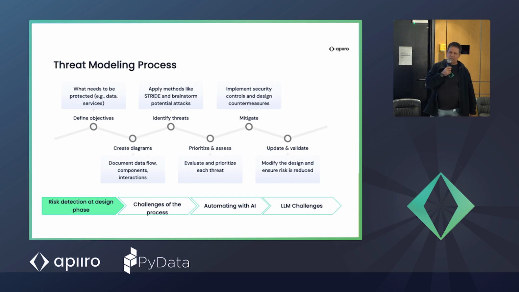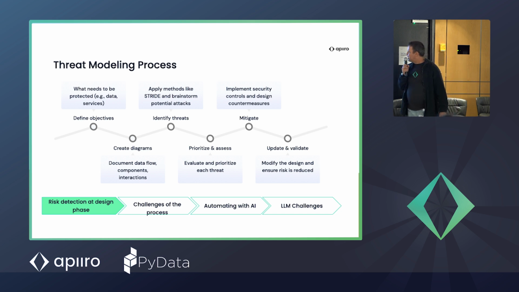In the threat modeling process, if you have a design, like a Jira ticket or a design document, the first thing you need to do is to define what you're trying to protect, like if you have PIIs in your code or something like that. Then, if you're a threat modeler, you draw a diagram which shows all the components and how they interact between them.